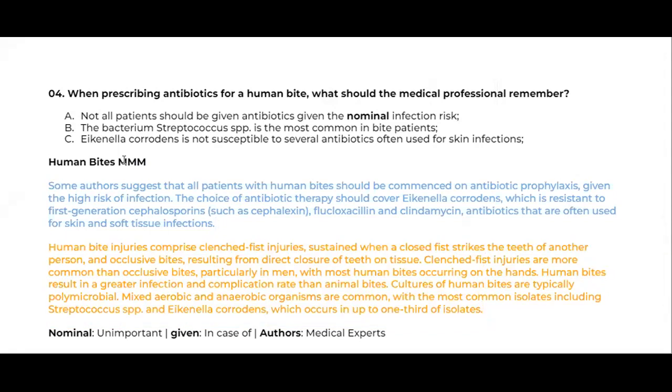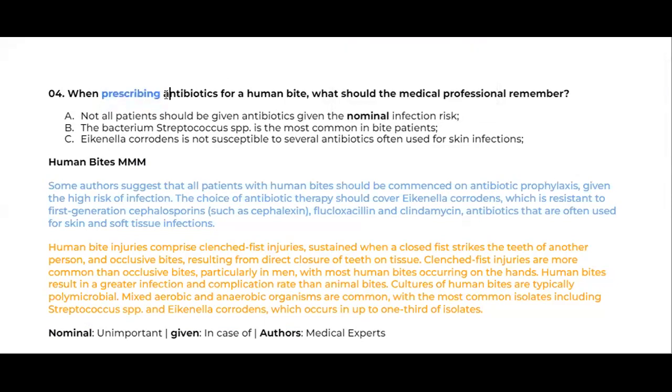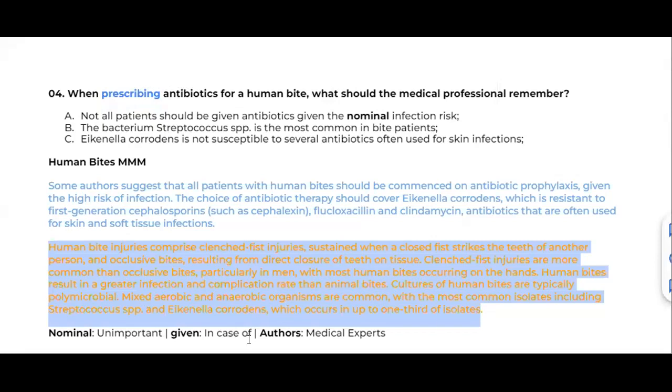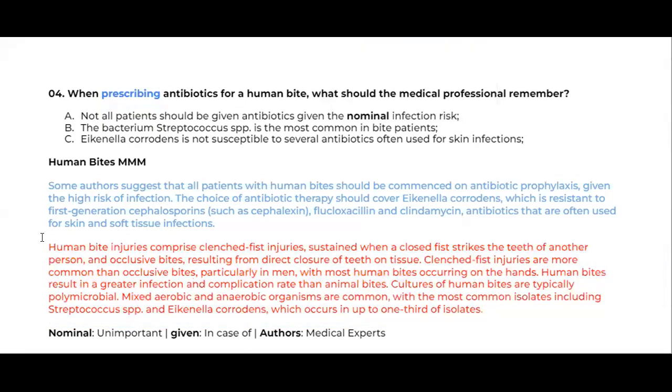But here you can see it is talking about prescribing. So prescription is the main point here. When prescribing antibiotics for a human bite, can anybody find any information from the second one where prescription is mentioned? Can somebody find? This is talking about the type of human bite injuries.